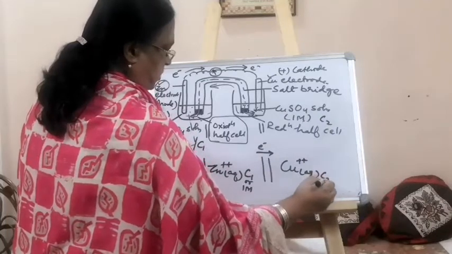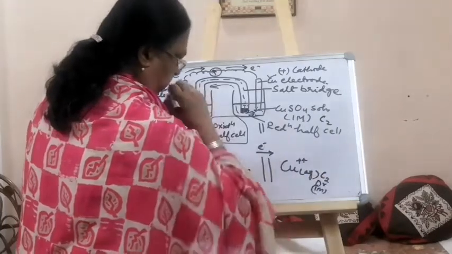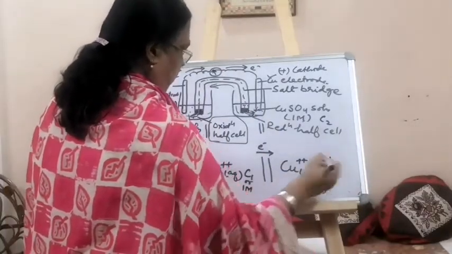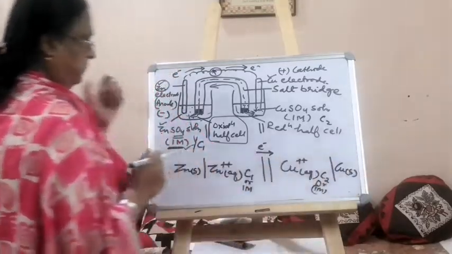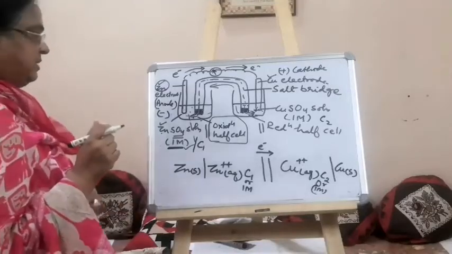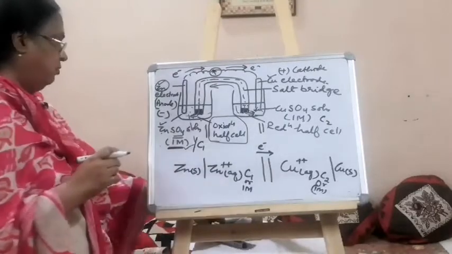So concentration C2, or you can say 1 molar, whatever the concentration, and that is having an electrode of copper solid. So this is the presentation of the galvanic cell through the symbol, and this is called cell notation.